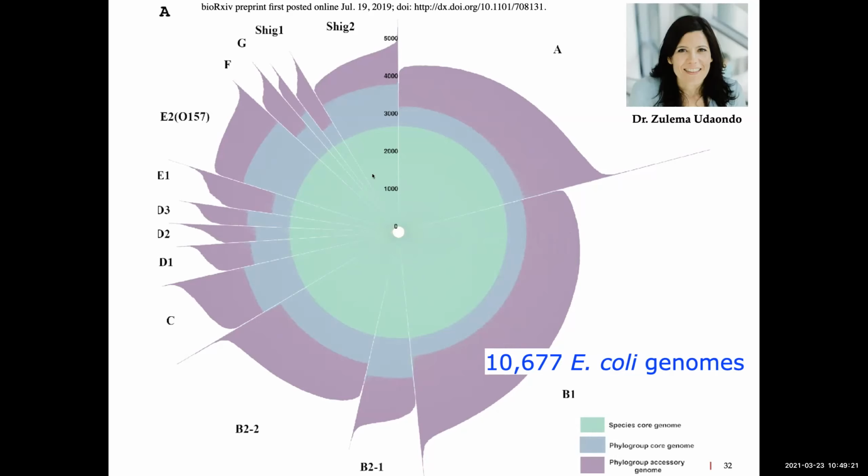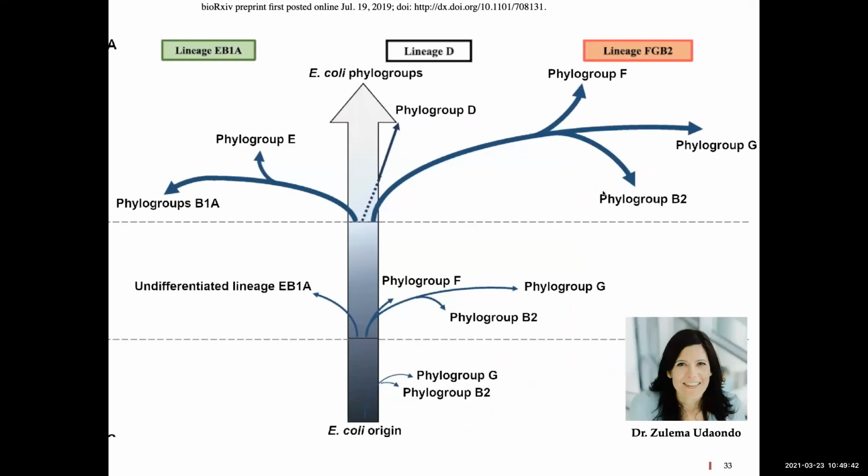And you can see that the Shigellas have lots of extra genes. In the O157, in fact, almost 4,000 genes are unique to the O157 that aren't found in the others. And so this is a way of comparing and visualizing across 100,000 E. coli genomes. And so we can look at the lineages and some of the things that are going across.